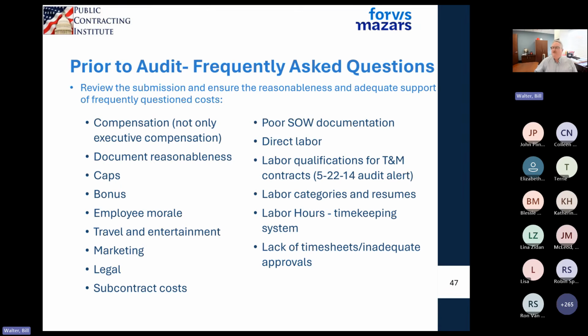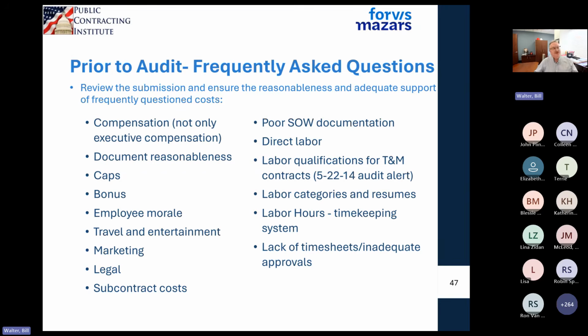So a lot of questions that we see that companies need to look at before you submit your incurred cost proposal to the auditors is take a look and make sure that you've got all of your unallowable costs identified. Executive compensation is always an issue in cost allowability, making sure that you're not including costs that would be unallowable based on caps, things like that.